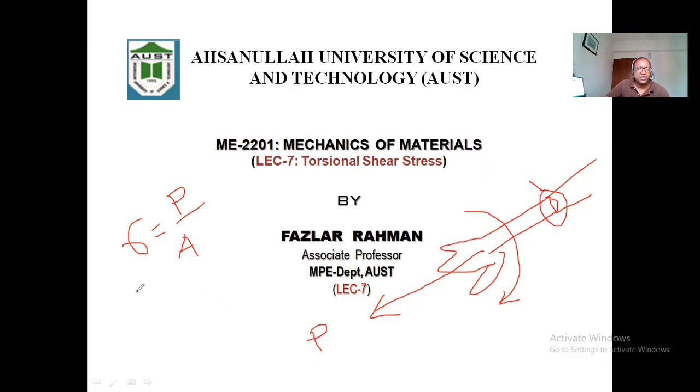For example, if you take a writing chalk that we use on the blackboard, it's a kind of round cross section, right?